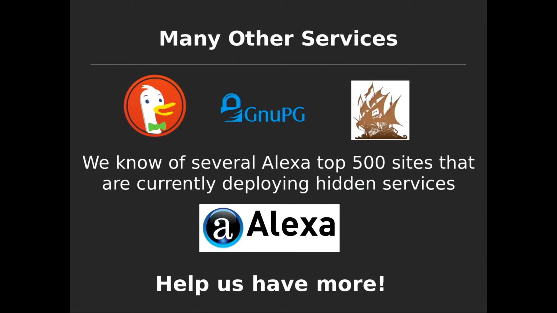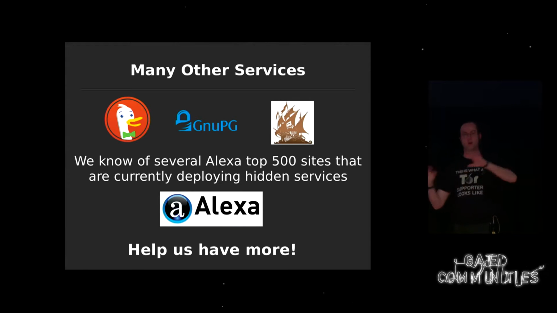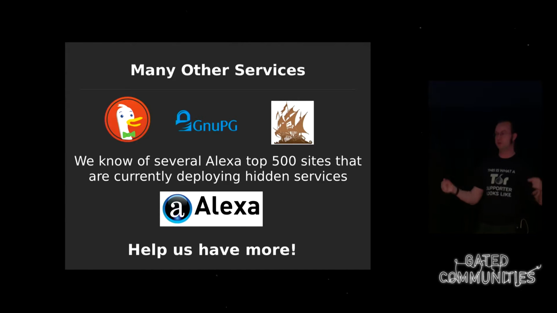Before I get to the next one, let me re-emphasize the point that George was making about Ricochet. Ricochet is an alternate chat program where every user is their own Onion service, and you talk from one Onion service to another. You don't have to know where the person is or necessarily even who the person is.